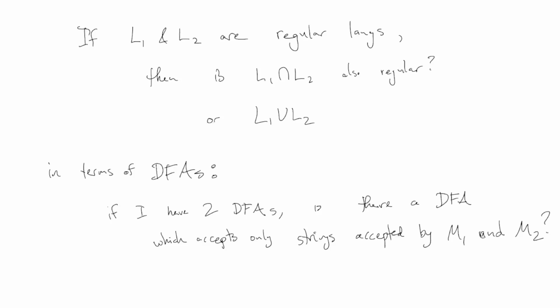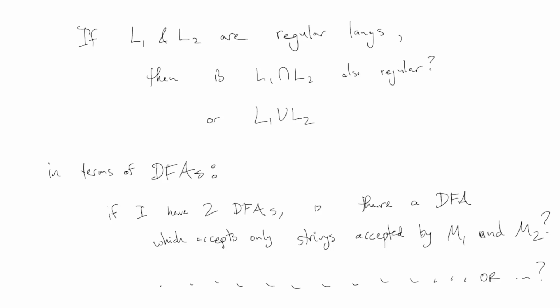If I have two different DFA machines, I could ask, is there some way to combine those two machines together to make a single machine which accepts only when those two machines both accept? That's why I said the word and. Or you could ask a similar question: is there a DFA which accepts only strings accepted by M1 or M2? That's another question.